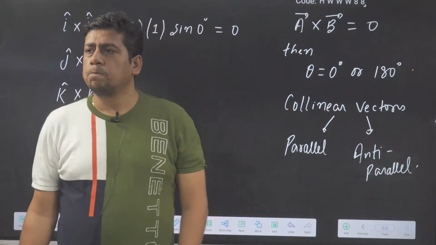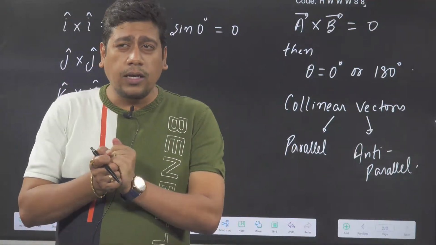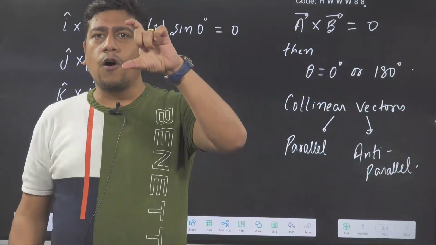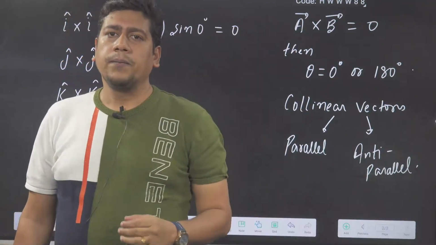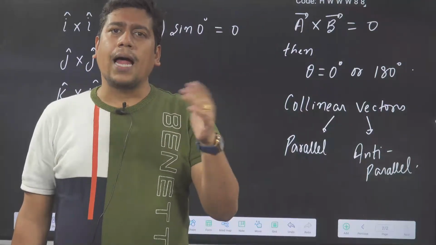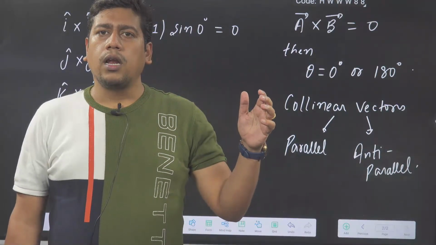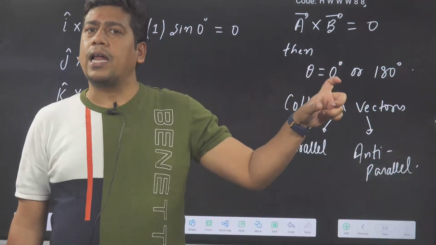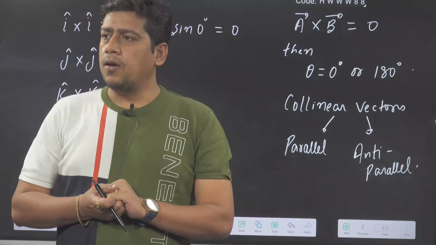Remember it. And how to check collinear vector? If you remember, the ratio of x component, y component and z component will be equal. If the ratio is equal and positive, parallel. If the ratio is equal but negative value, then it is anti-parallel. Okay?